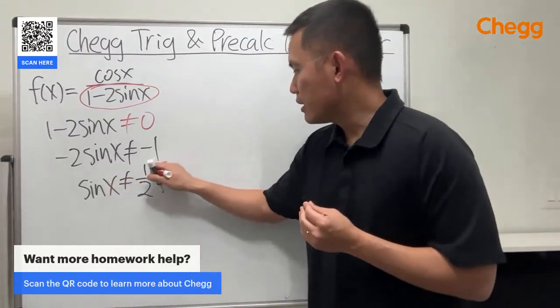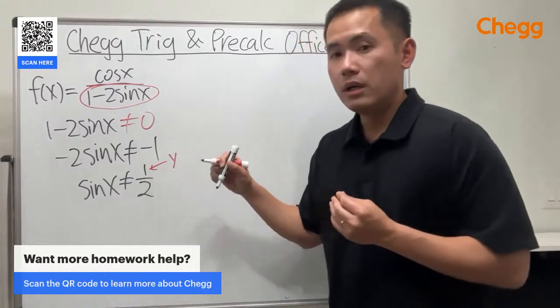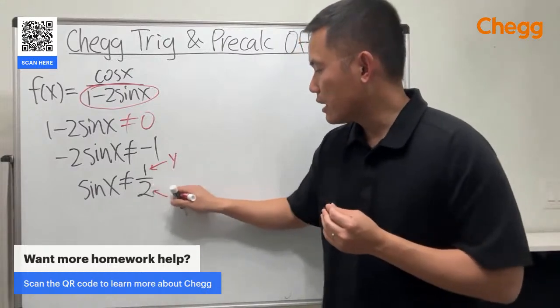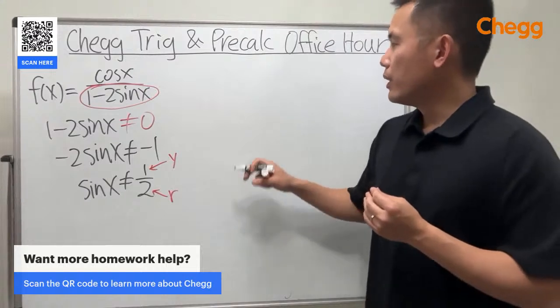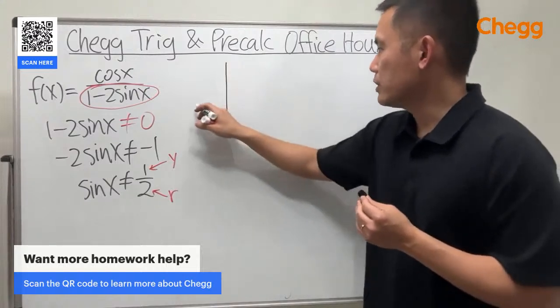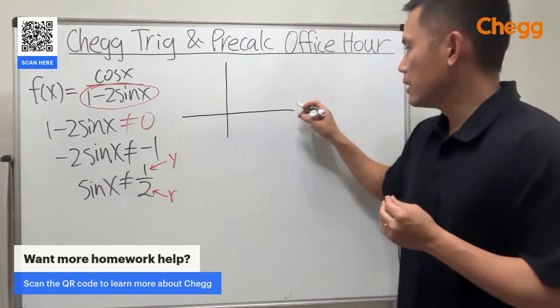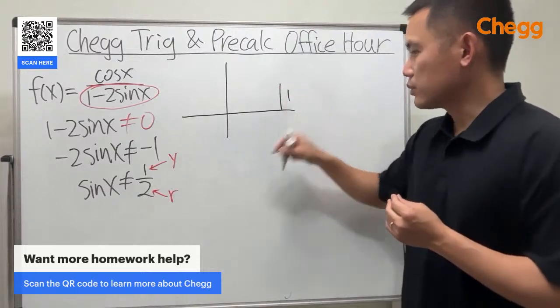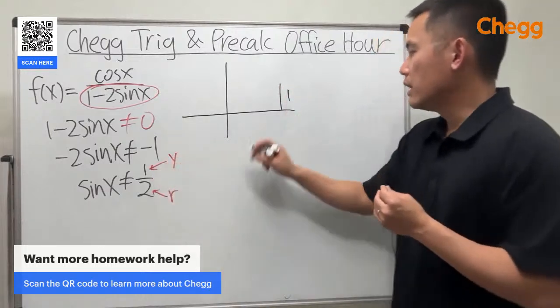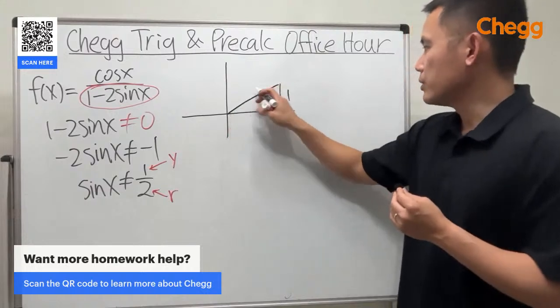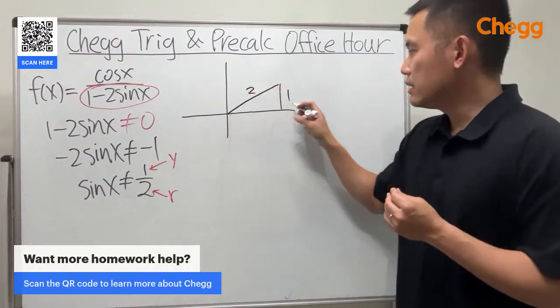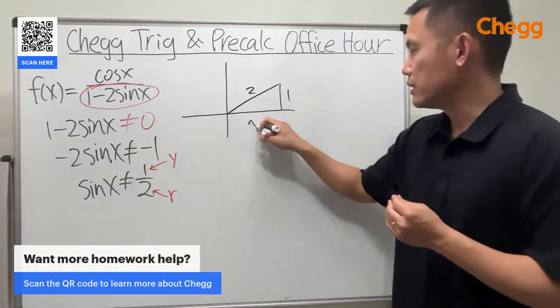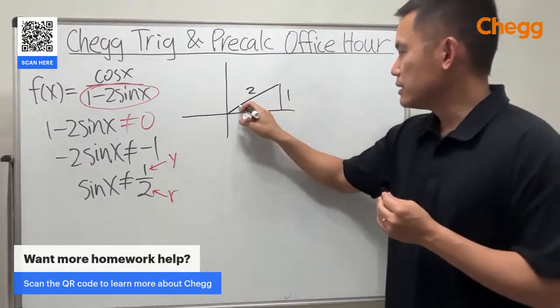For the sine, this is the y value, and the bottom here is the r value. I can draw a picture. Take y to be 1, and r to be 2. And the third side here is just square root of 3.